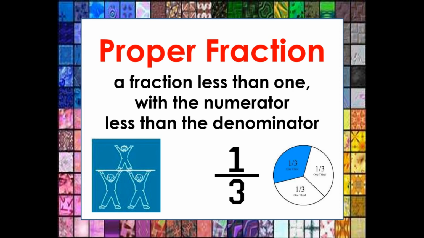Proper fraction ang tawag kapag ang numerator ay mas maliit kaysa sa denominator. Ibig sabihin nito, proper fraction ang tawag kapag meron kang na-encounter na fraction na maliit si numerator kaysa denominator. Technically speaking, this is the ordinary fraction because this is the actual definition of a fraction, a part of a whole.